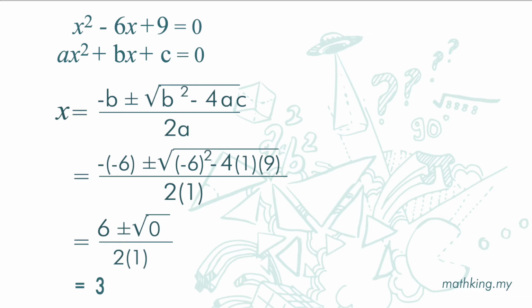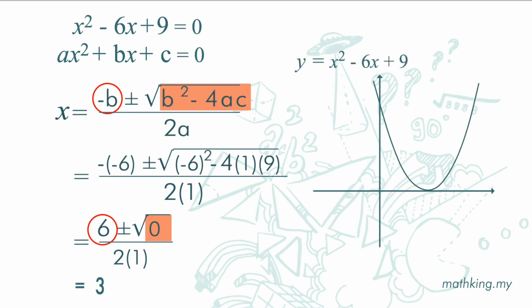We get 1 root only, because here b squared minus 4ac equals 0. -b plus and minus 0, divided by 2a, we will get only 1 value. If we draw a graph for this quadratic function, we will get only 3 at the x-axis.